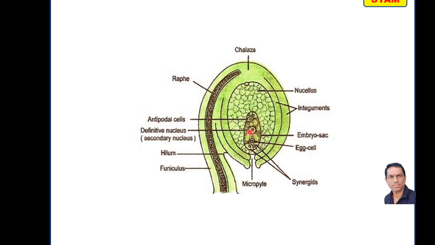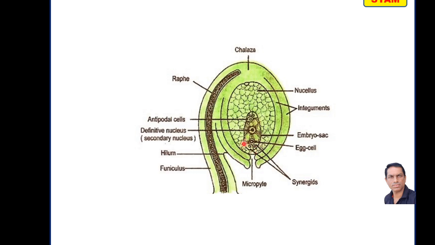The embryo sac is generally polygonal in type. Most angiospermic plants have a 7-celled, 8-nucleate embryo sac. Out of 7 cells, 3 cells are present towards the micropyle side, 3 cells are present towards the chalazal side, and 1 cell is present in the middle of the embryo sac, or female gametophyte.